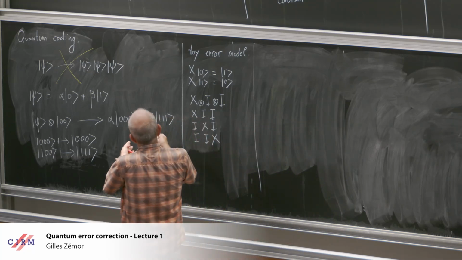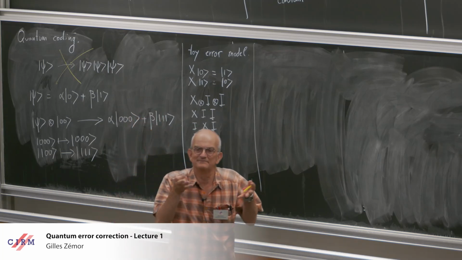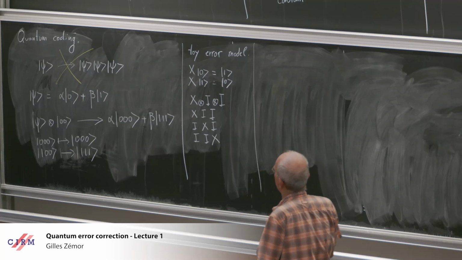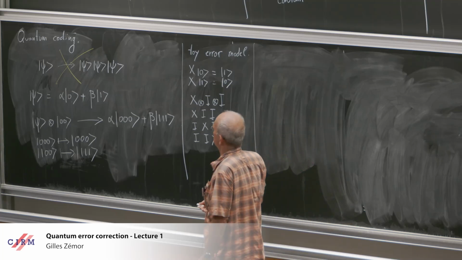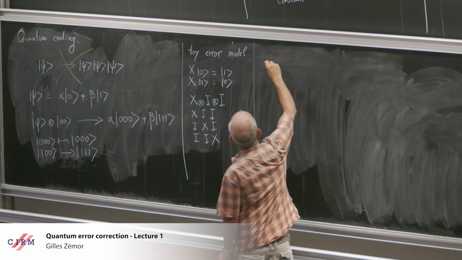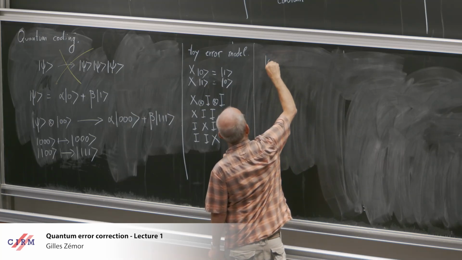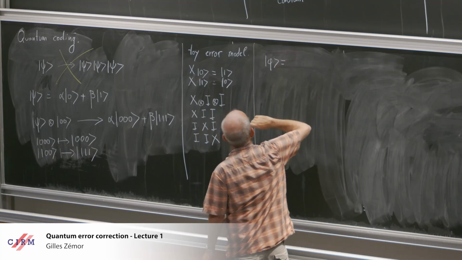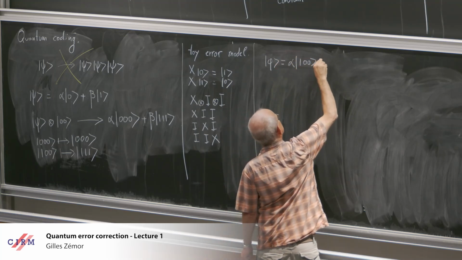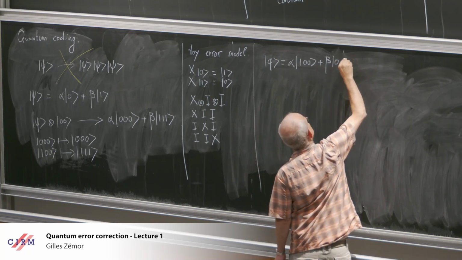Okay, so in the classical setting, we could actually look at the received vector. Here, we have a quantum state. It's been corrupted. So instead of psi, we may get maybe alpha |100> plus beta |011>.